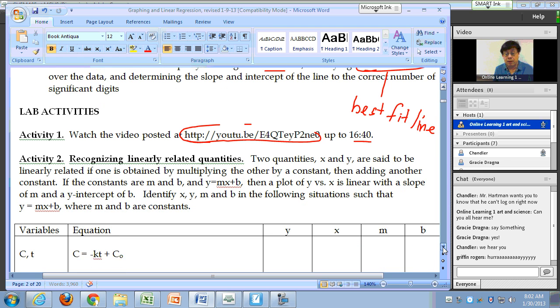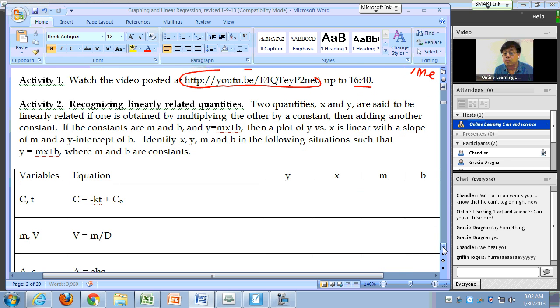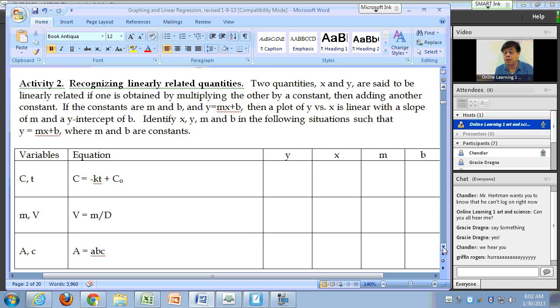So let's continue. Activity 2. Let's talk about linearly related quantities. We say that two quantities are linearly related, okay? Let's say x and y. They're linearly related if you can obtain one by simply multiplying the other by a constant and then adding another constant.